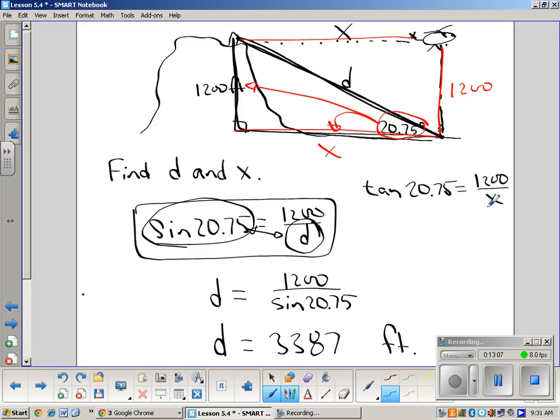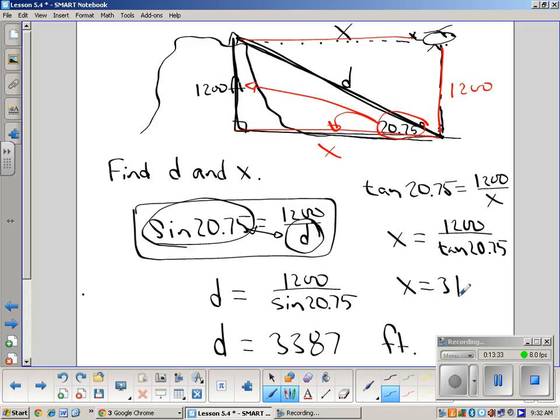It won't be on the bottom if they give us the hypotenuse. There you go. So x equals 1200 over tan of 20.75, and you're telling me it's what? Like 3,167.